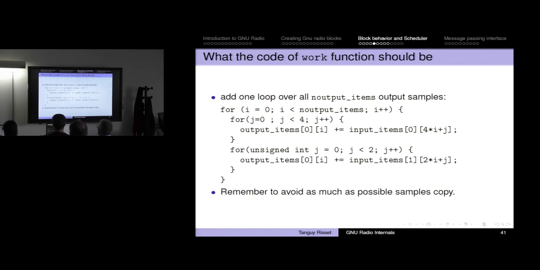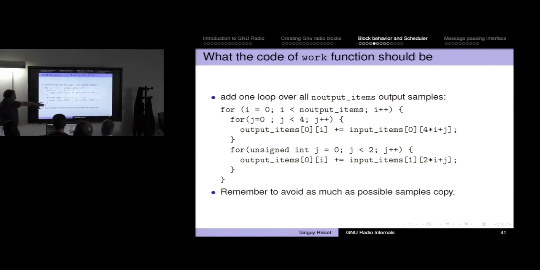It means you have to use another type of block. For the moment, we use only sync blocks, which have one output for one input. Most blocks are sync blocks, but you also have decimation and oversampling blocks, which are another thing. But here we'll stay with that.